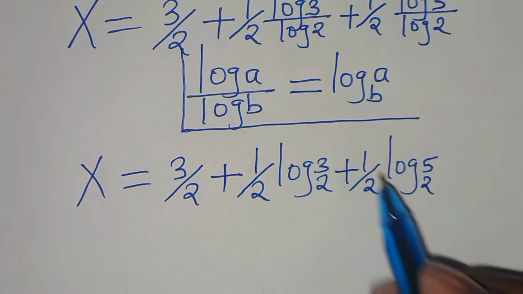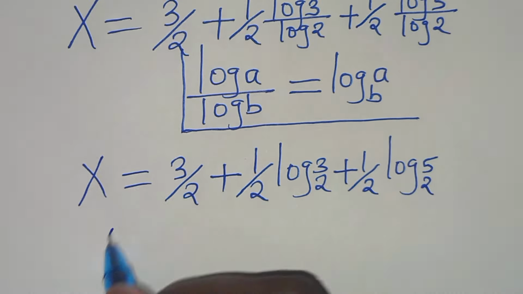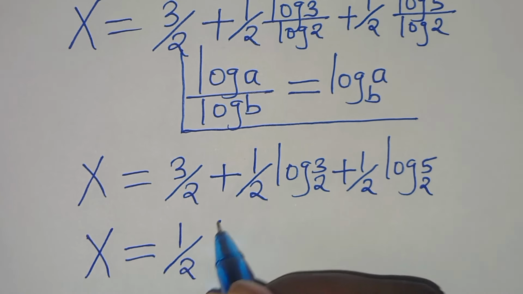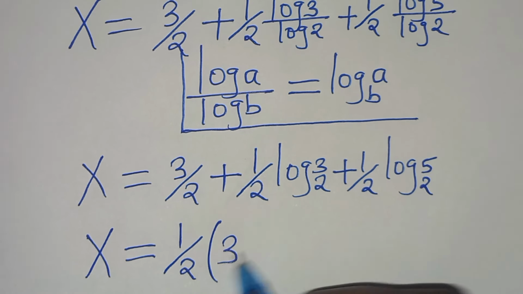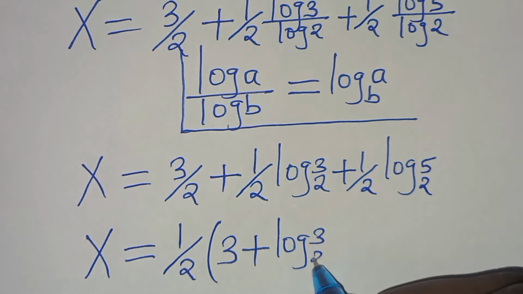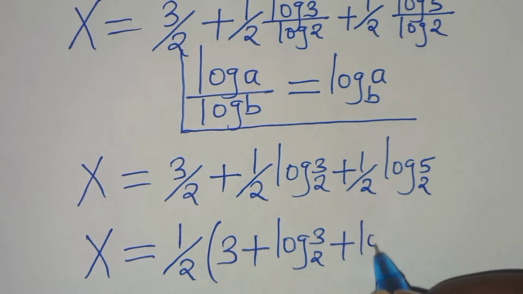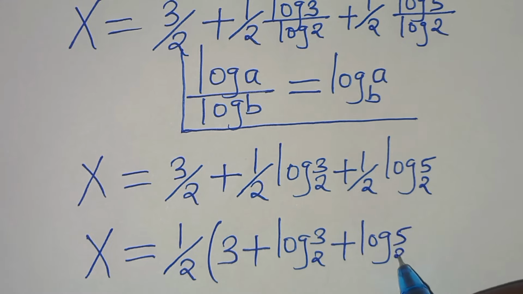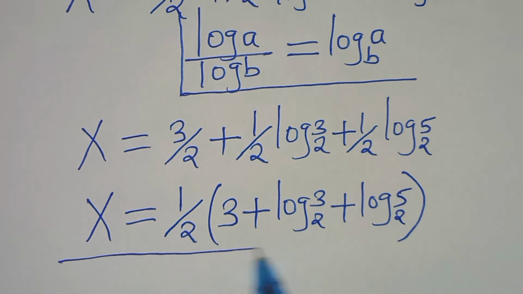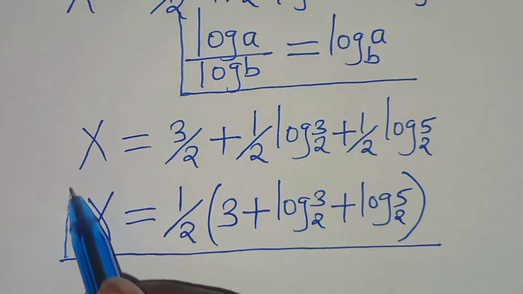But since a half is common here, we can factor out a half so that we have a half into the parentheses, 3 plus log 3 to base 2, then plus log 5 to base 2. So this is the value of x.